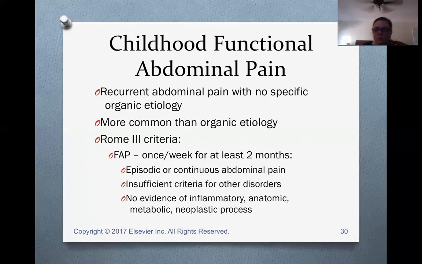I don't think I've ever asked them to do the test. I think I've always just treated. But if you need to know for sure, you can do the Scotch tape test, or you can just go ahead and treat for suspected pinworms.